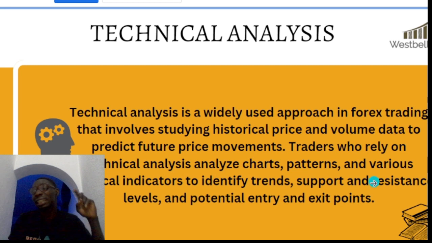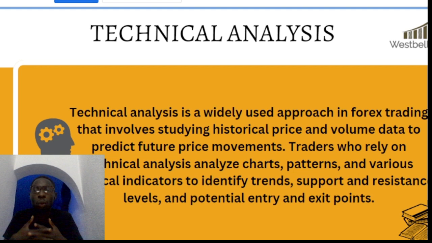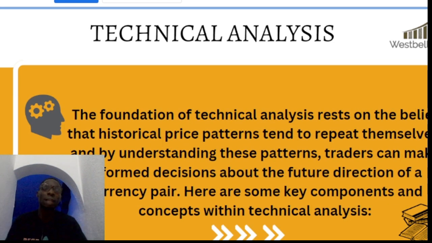Just like the point I said earlier in the morning session, every technical analysis tool you are employing should tell you when you are going to get out of the market, when it has no potential again, and your profit target. I've explained that earlier.